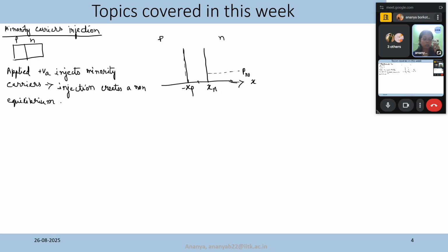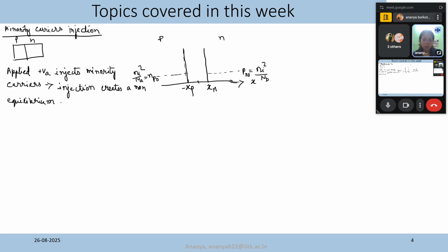This is what was present in equilibrium. What is this value? This is Ni square by Nd. Similarly here, minority carriers are electrons, and these are in P side, and in equilibrium the value was Ni square by Na.